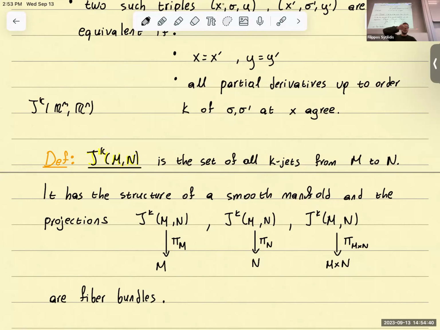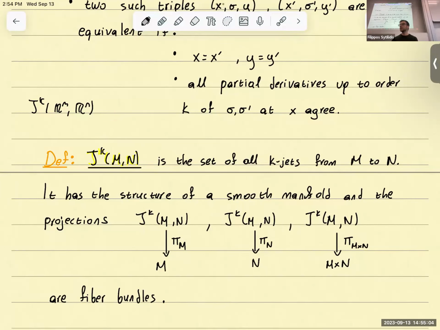But then the differential is completely determined by a Taylor polynomial truncated at level k. So you basically just multiply by the space of degree k polynomial functions from R^m to R^n, which is finite dimensional.